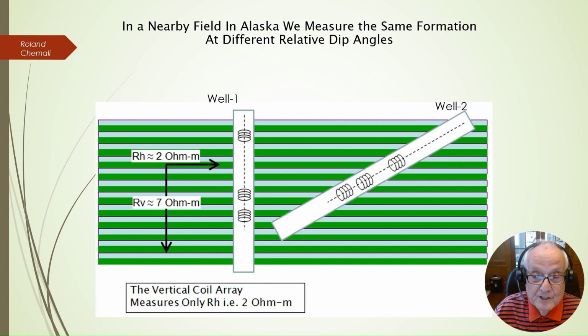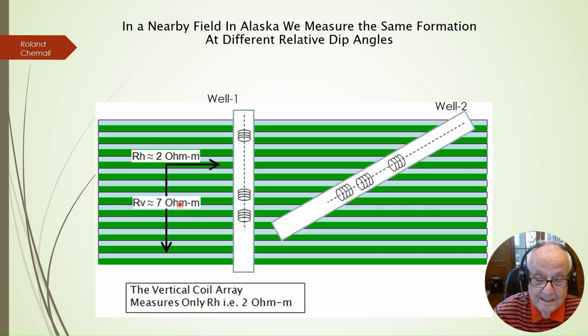I took Jim Klein's method 20 years later for a field, maybe it was Kuparuk or a field near the Kuparuk, where I was working with petrophysicists and geologists from Pioneer. We noticed in a vertical well that we were reading RH equal 2 ohm meters. Then in a high angle well, we were reading a much higher resistivity. By doing some inversion, we found that RV should be 7 ohm meters. Look at this contrast.